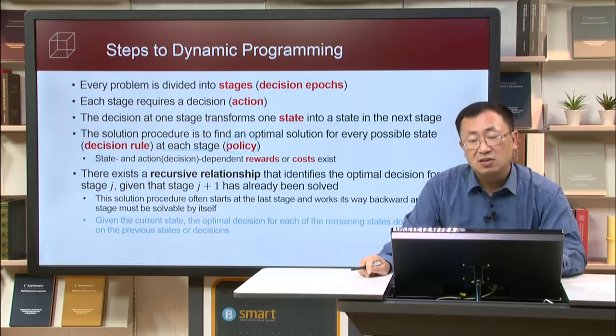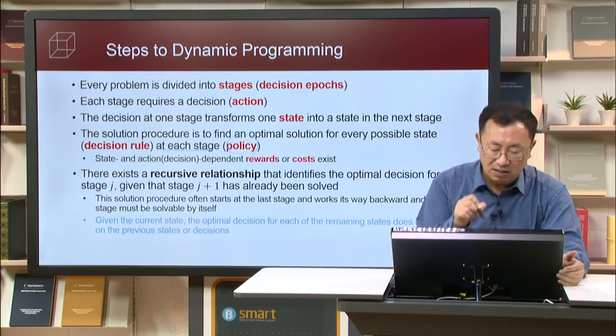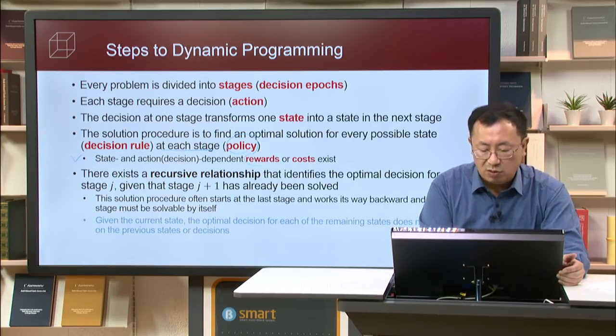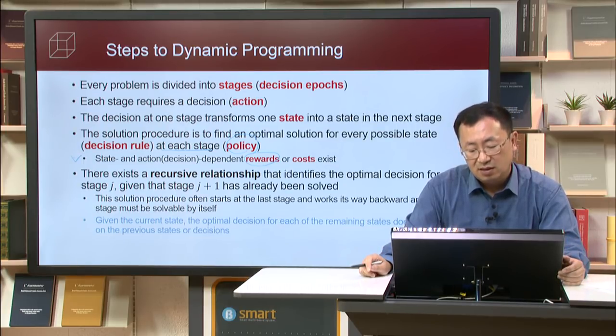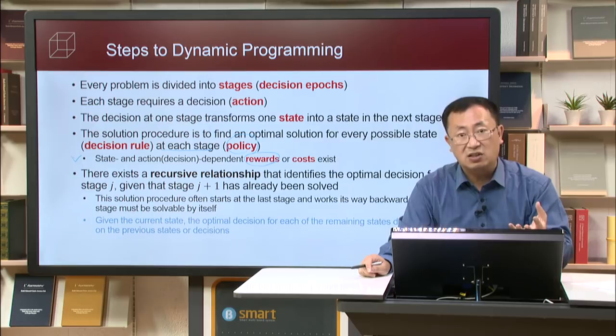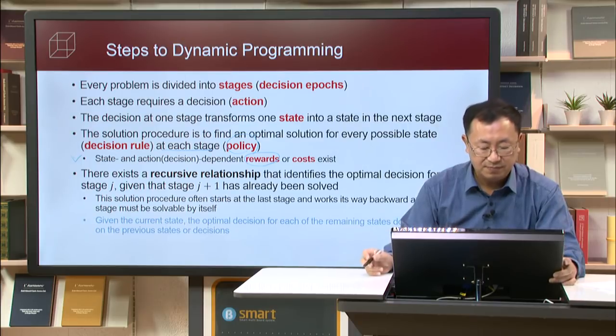So when you make decisions, you need to have some measures. In the dynamic programming model, there is a so-called reward. The reward depends on the state and action, right? So for the given state, if you choose some action, that incurs some kind of reward. Reward can be positive or negative.